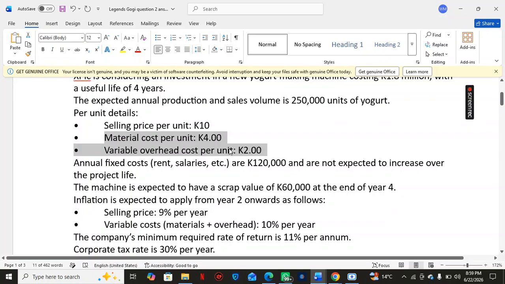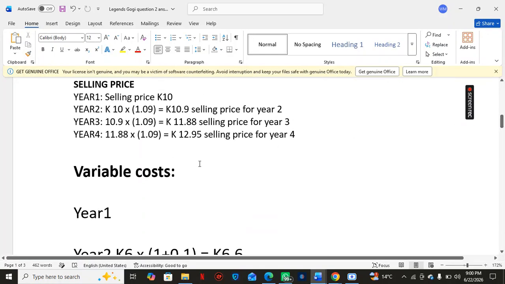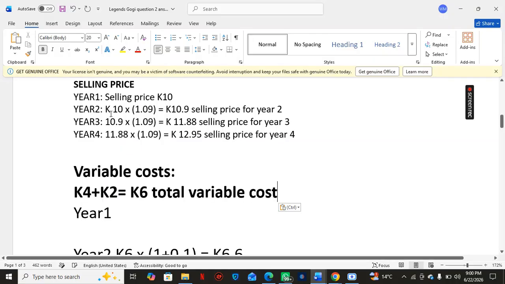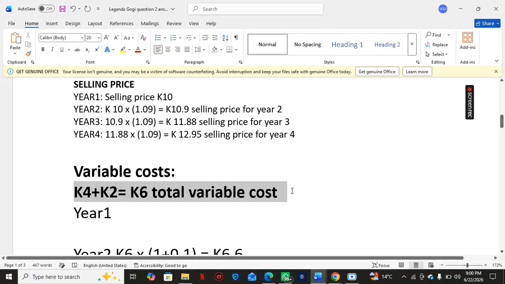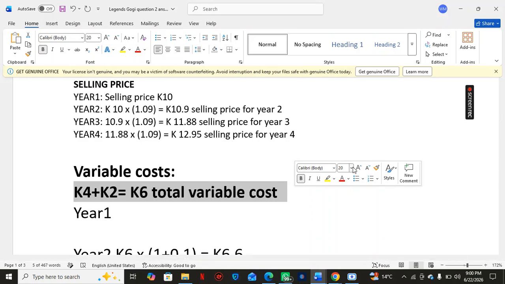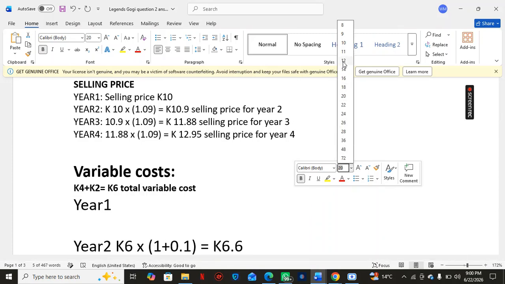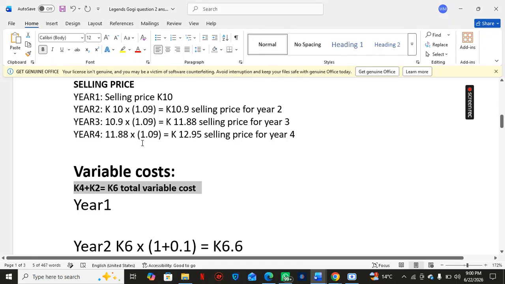If you want, you can solve them separately, but in an exam it will take more time, so just combine them. Variable costs, 4 kwacha plus 2 kwacha, that is 6 kwacha. That is the total variable cost.